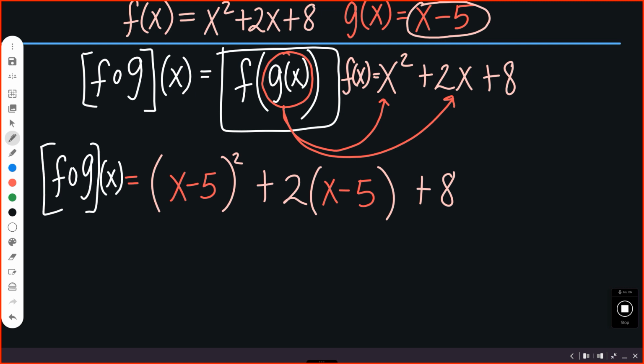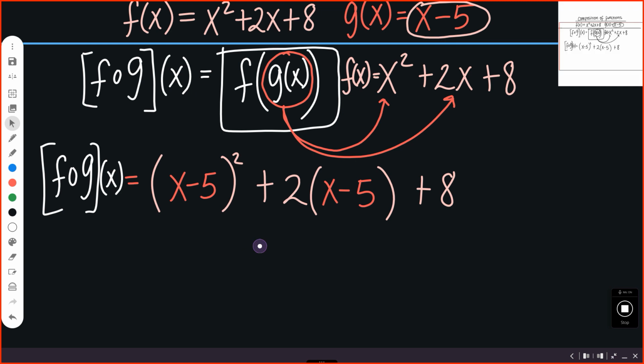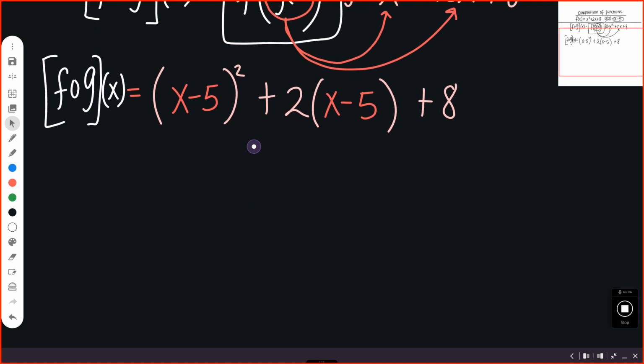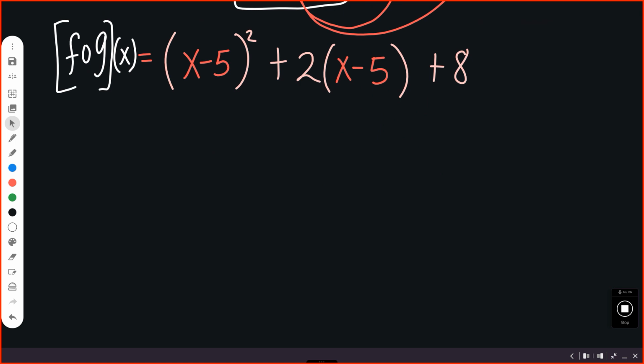Now let's simplify here. First I look at this square and I say, okay, that means I have to grab everything in that parentheses and multiply it again.